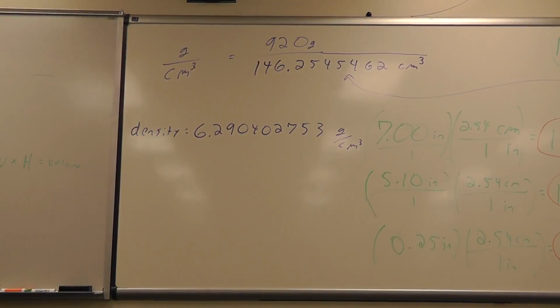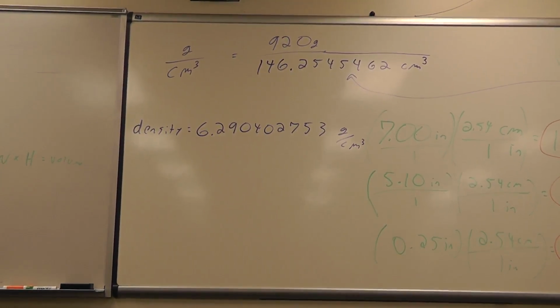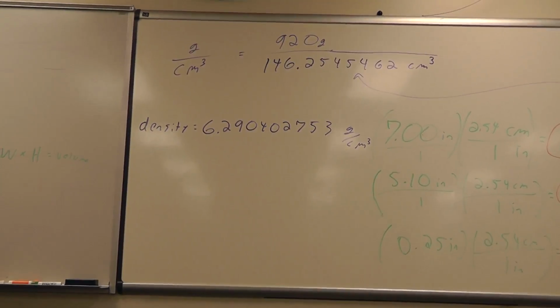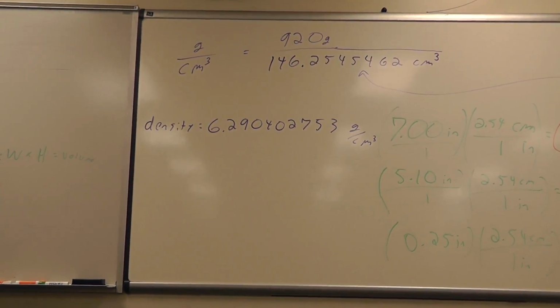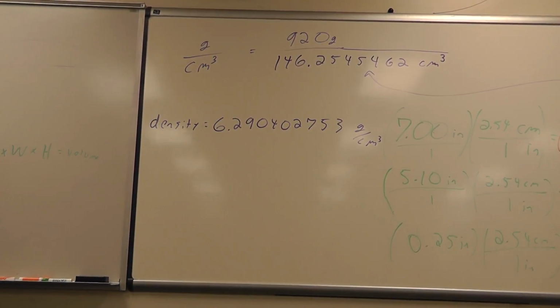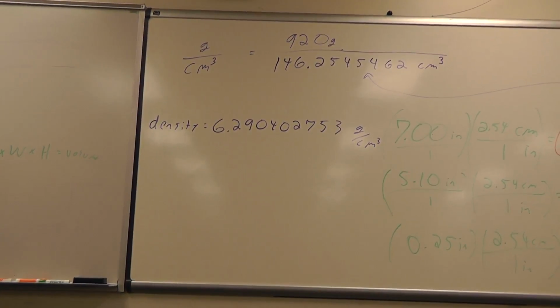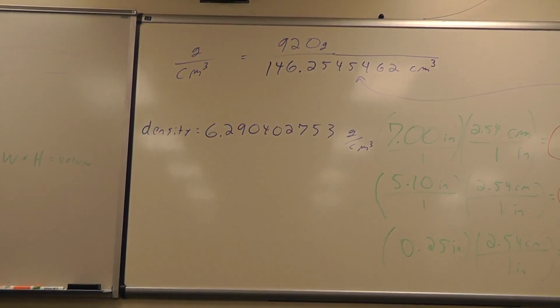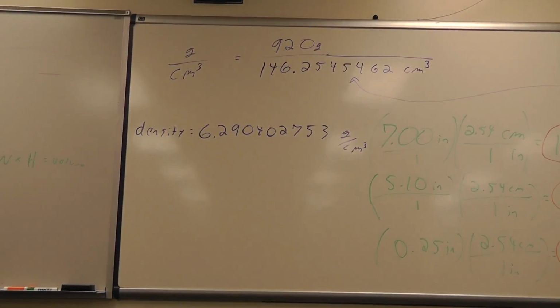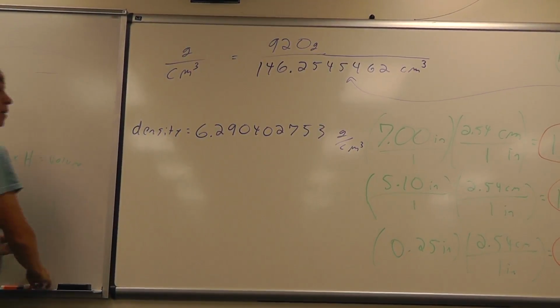How many significant figures in 7.00? 3. 5.10. 0.25. And 920. Good. So how many are we going to be limited to in the answer? 2. Which makes your final answer what?